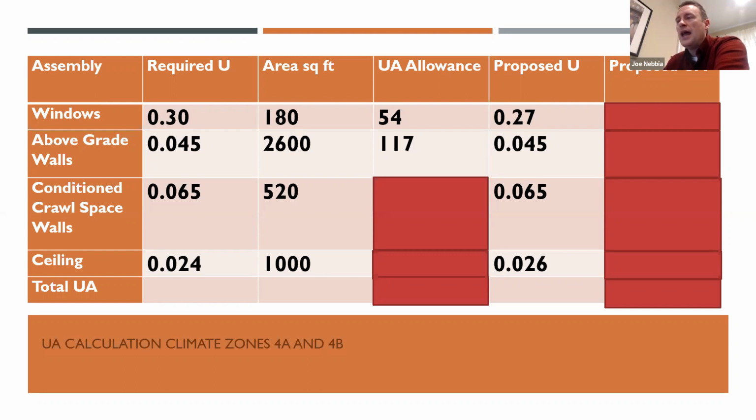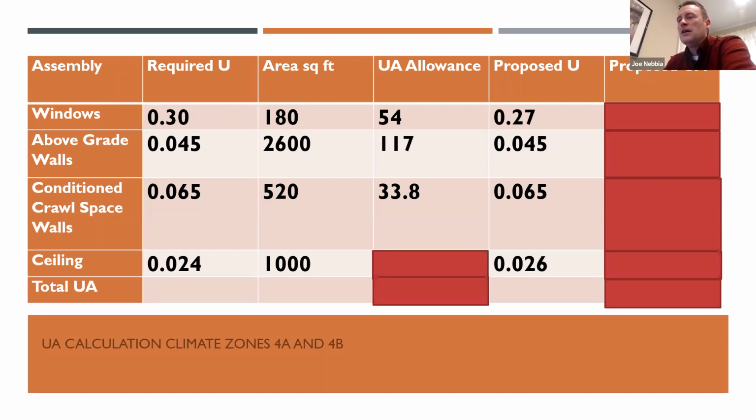You might see a 0.065 would be the required U value for that, I think it's R10/13 in the crawl space wall. So it's a 33.8 UA allowance for a 520 square foot crawl space. That's assuming a 4-foot crawl.